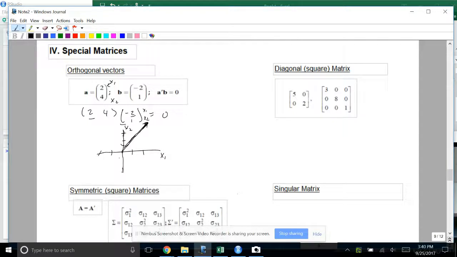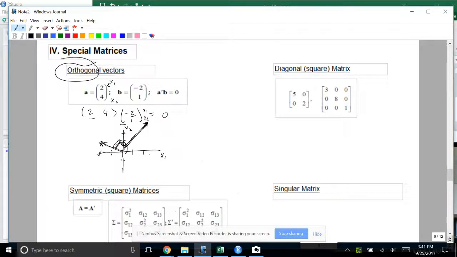So we go back 2, go up 1. And wow, I'm a terrible drawer. But if I drew this better, what we have right here is a right angle. So this is 90 degrees.